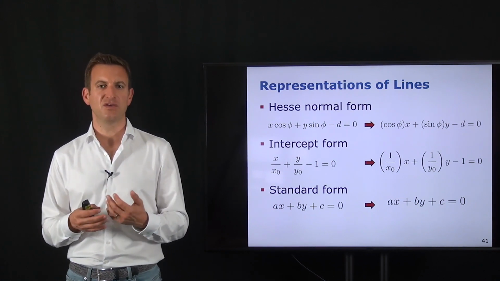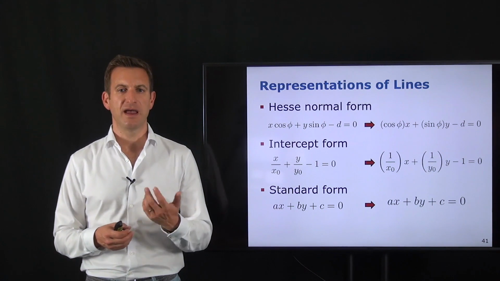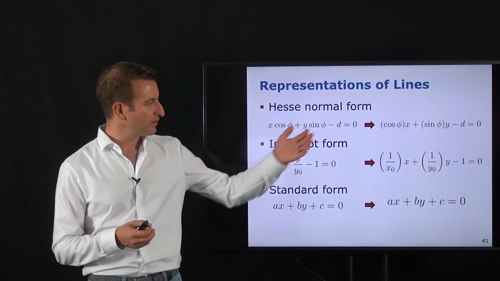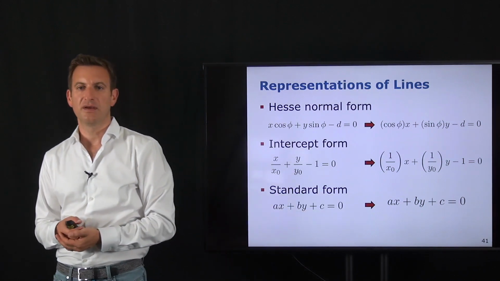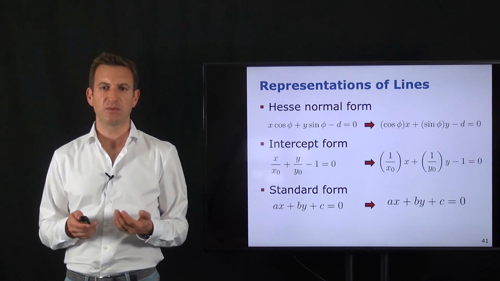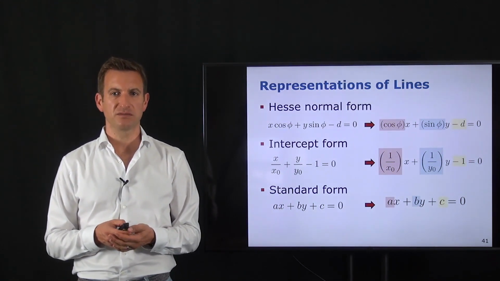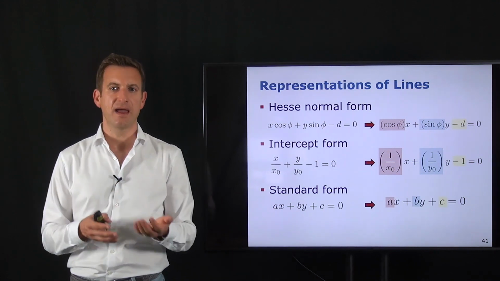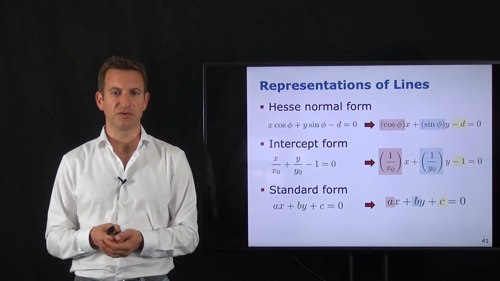So we can trivially rewrite the Hesse form, intercept form, and standard form so that they fulfill this equation, as you can see it here on the right-hand side of the slide. So we always have coefficients that sit in front of x, coefficients that sit in front of y, and a constant part, and then equals 0.